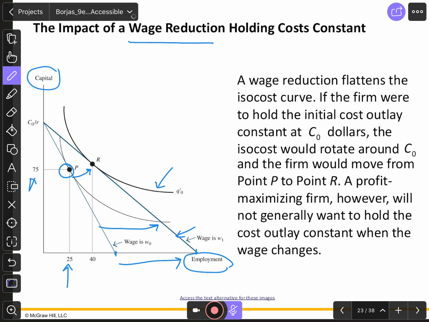The other intercept stays constant because we assume that total cost stays the same and the interest rate does not change. What changes is this intercept: we used to have C naught over W naught, and now we have the same C naught but over W1. If the wage drops, then the whole ratio increases, and that's why we are moving to a bigger intercept.